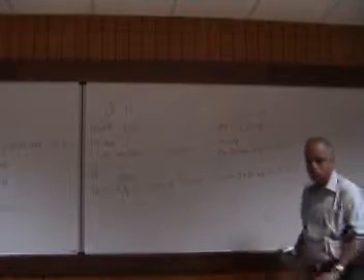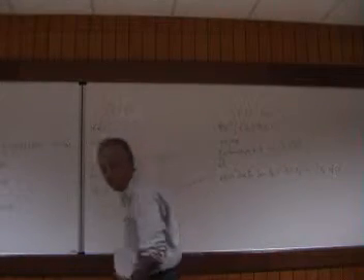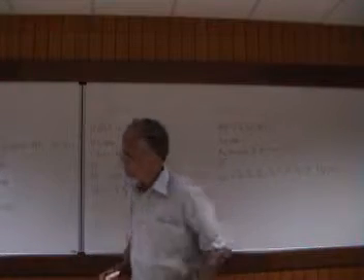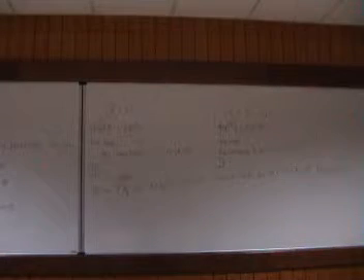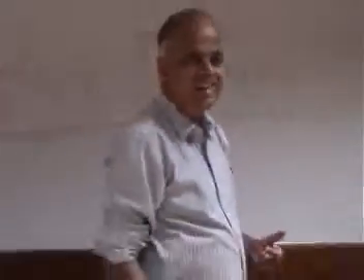There are 2 or 3 simple things about convergent sequences. Normally you must do the real line completely and then come to the general things, but here people are in a hurry.